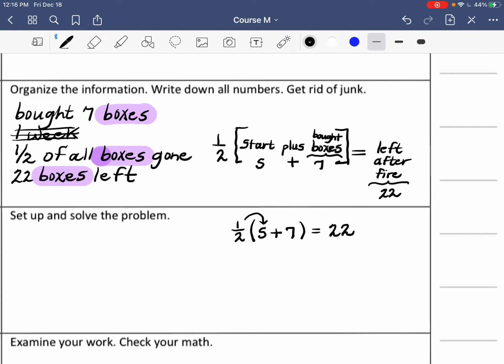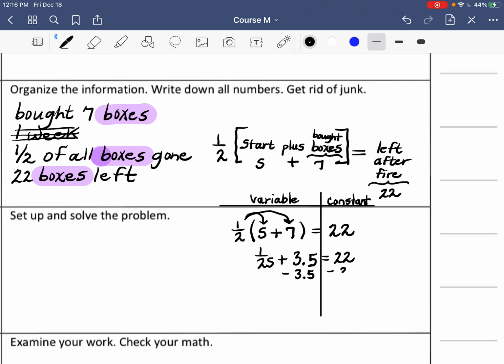So first we need to distribute. We have 1/2 S plus 1/2 times 7 is 3.5. And that's equal to 22. Then let's draw the T. Here you have your variable. And here you have your constant. So we're going to subtract 3.5 from both sides.